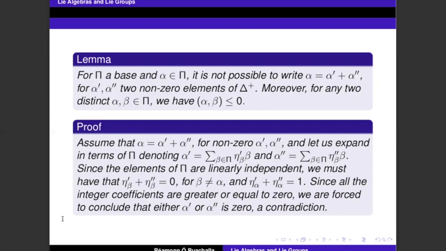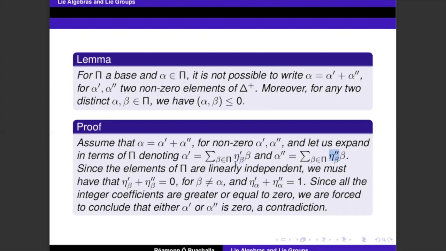Well, let's assume that we have a decomposition of alpha into alpha prime plus alpha double prime for two non-zero alpha prime, alpha double prime. And let us expand each of these elements in terms of the base capital Pi. What we're denoting here is just the coefficients, eta prime and eta double prime.